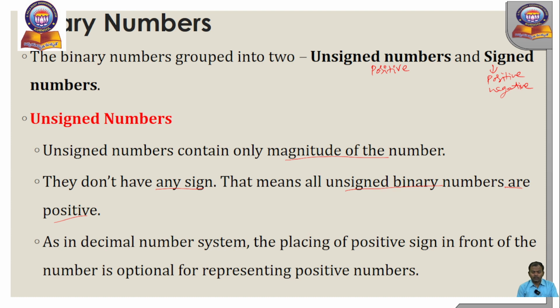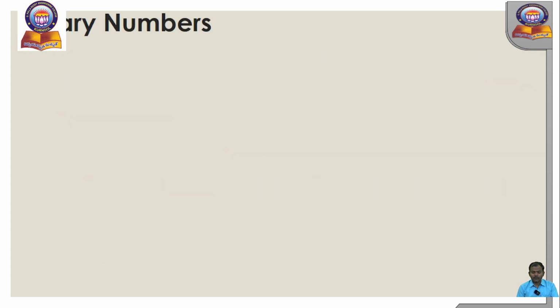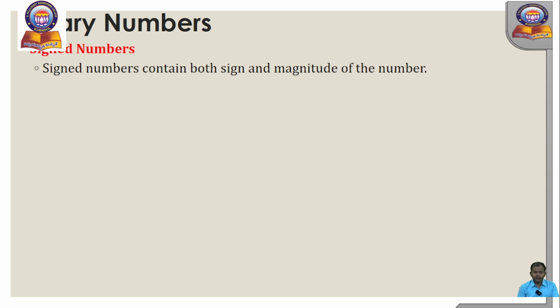As in the decimal number system, placing a positive sign in front of the number is optional for representing positive numbers. So in unsigned numbers, there is an option of placing a plus sign in front of that number because it contains only positive numbers. Signed numbers contain both the sign and magnitude of the number.